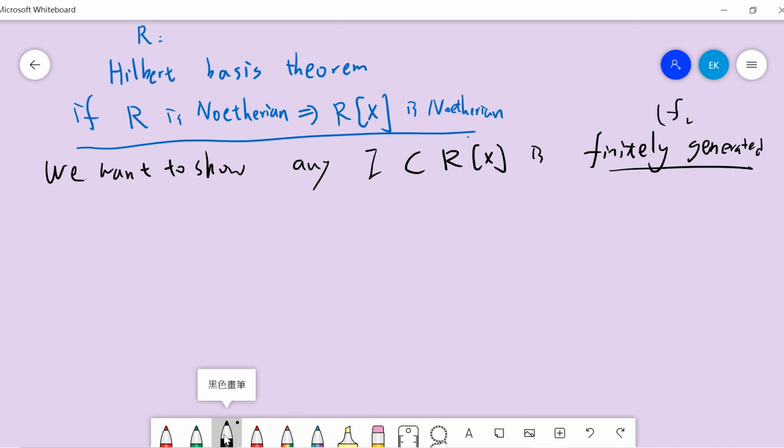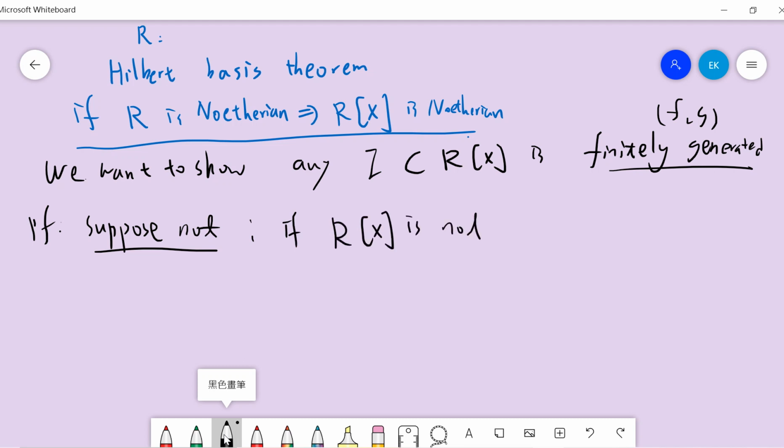I will use FG as shorthand. This is what we want, and the proof is by contradiction: suppose not. So we want to show that if R[X] is not Noetherian, then R is not Noetherian.